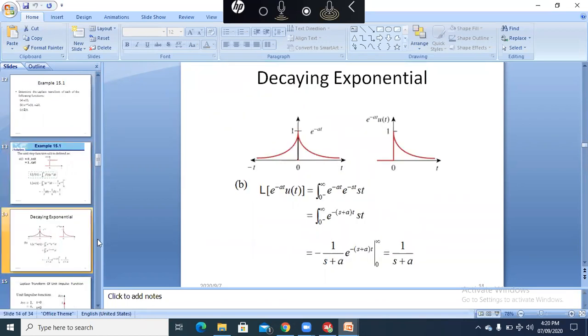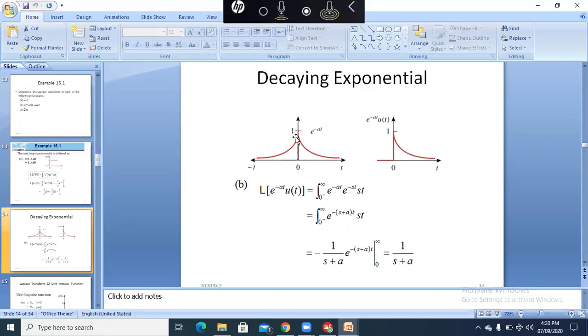Now we have the decaying exponential. The decaying exponential is in fact e to the minus a t. The value of t is absolute, so it may be positive t. For positive t it is decaying, and for negative t it is increasing.